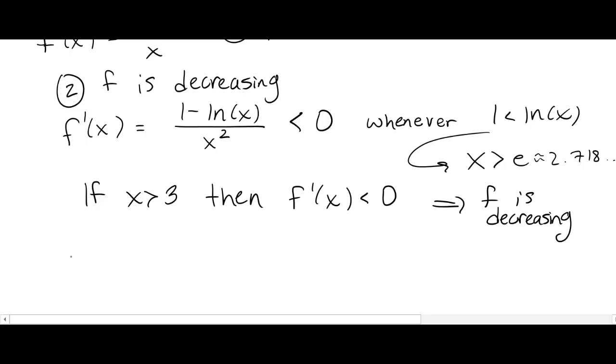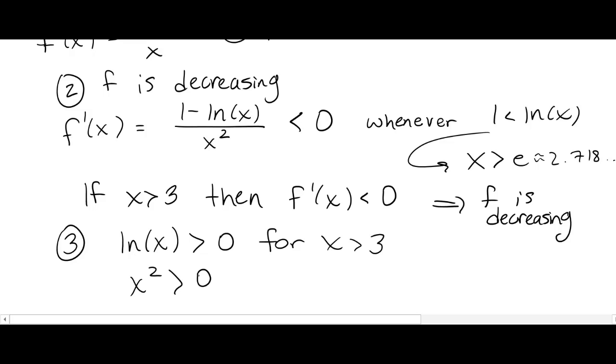For the third condition, notice that the natural log of x is always bigger than 0 for x bigger than 3, and x squared is also always bigger than 0. So these together mean that f of x is bigger than or equal to 0 for x bigger than 3.